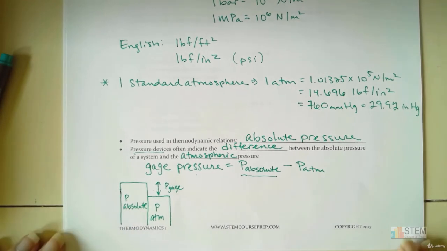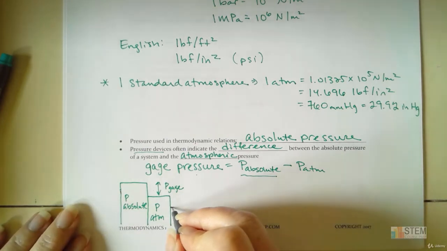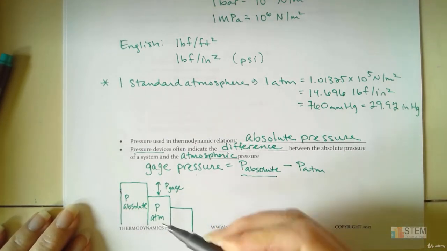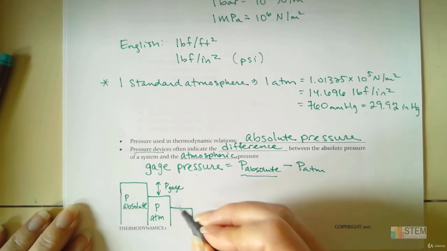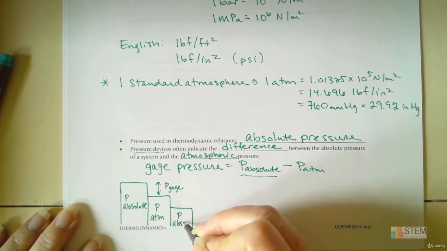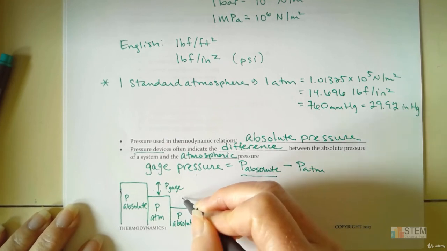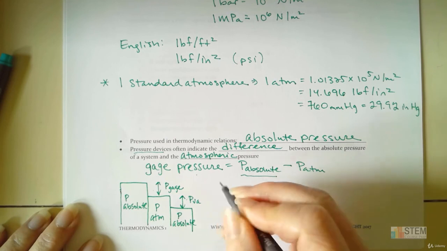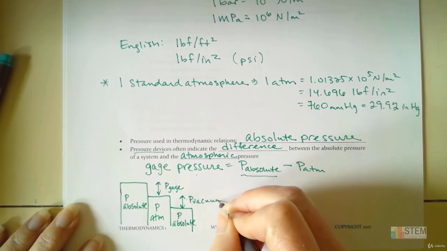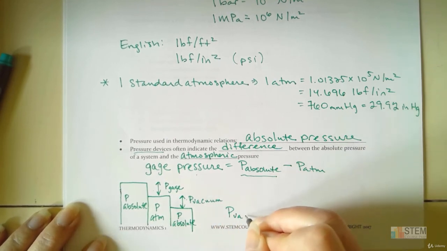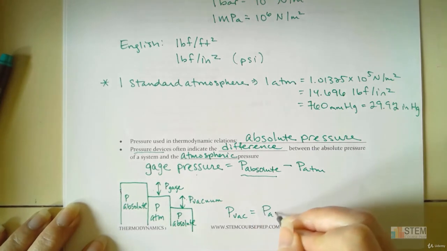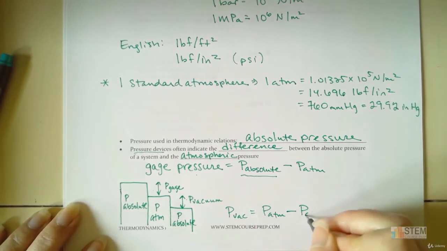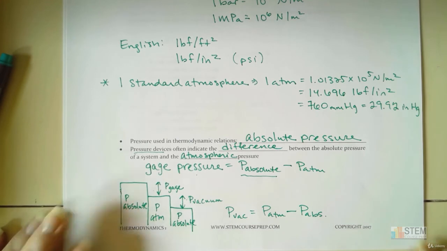So basically it's just telling you how much pressure above the atmospheric pressure you have. That's all gauge pressure is. Now you can also have a vacuum pressure. So in that case, your atmospheric pressure is going to be higher than the absolute pressure. So this right here would be a vacuum pressure. And the equation for that is going to be atmospheric pressure minus the absolute pressure.